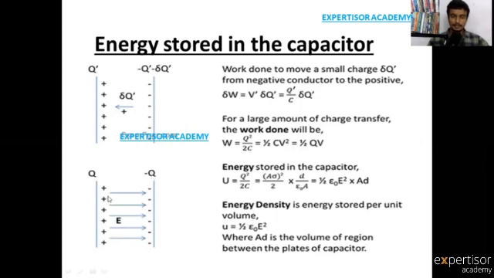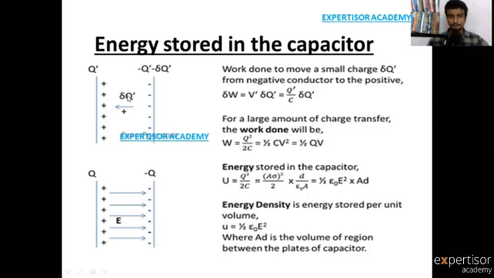The field lines travel from the positive terminal to the negative terminal, both being in the capacitor only. So this small amount of charge is traveling from the negative terminal to the positive terminal.